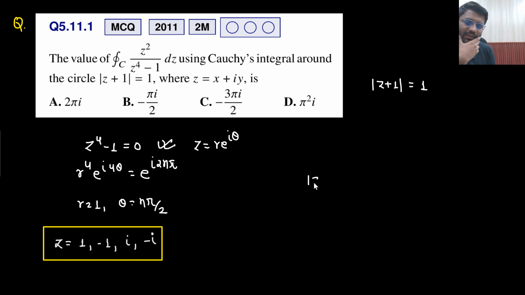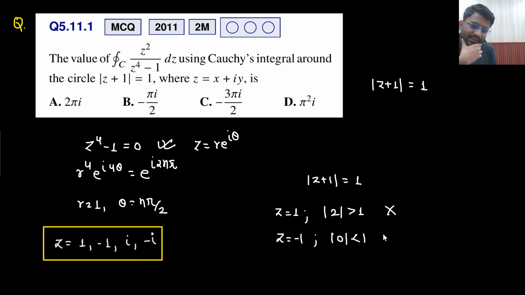Now what is our equation? Mod of z plus 1 equals to 1. So if I put z equals 1 here, what will I get? 1 plus 1, which is greater than 1, lying outside. If I put z equals minus 1, what will I get? Minus 1 plus 1, which will be 0, which is less than 1, lying inside.